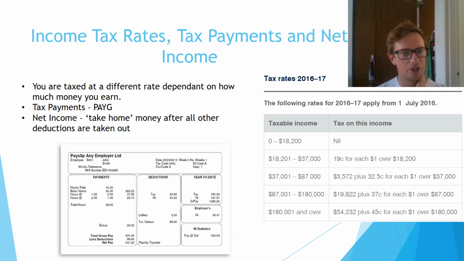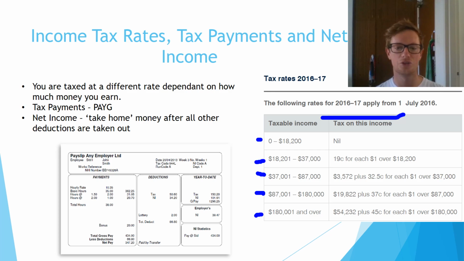So the next part we've got is income tax rates, tax payments, and net income. The income tax rates that we've got over the side, basically what this means is you can see here the different levels. These are all different income levels that people get paid. And you can see on the right-hand side here, when you're at a different level of income, you get taxed differently to other people.